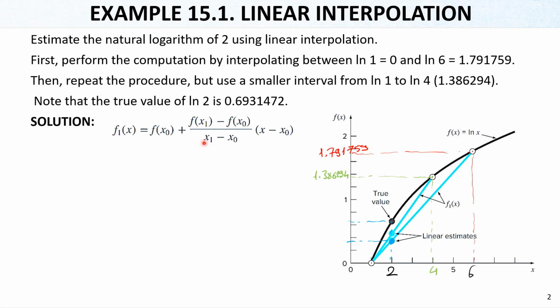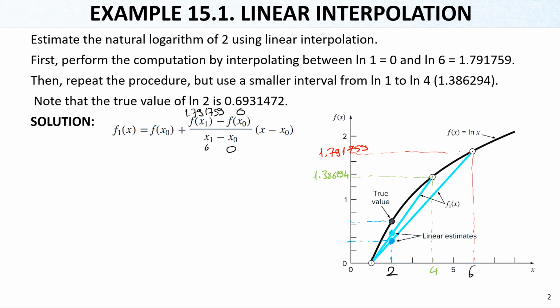So this is our linear interpolation formulation with Newton's polynomial. We know that x1 is 6, x0 is 0, f(x1) is 1.791759, and f(x0) is 0.